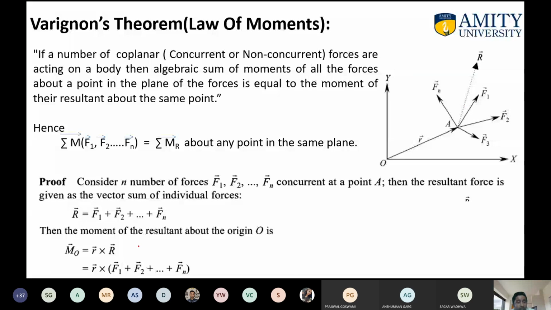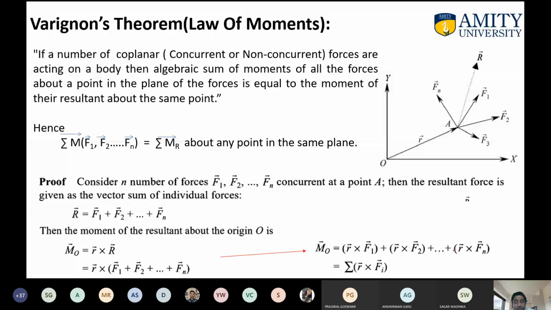So R can be written as the R vector, and you can see this value we have substituted here: F1 plus F2 plus up to Fn. So directly we can write it here. MO should be equal to, if we multiply here, rF1 plus rF2 plus up to rFn. So what is this?